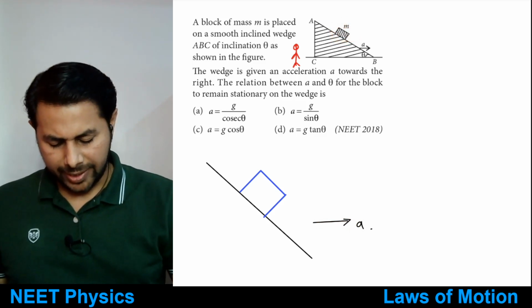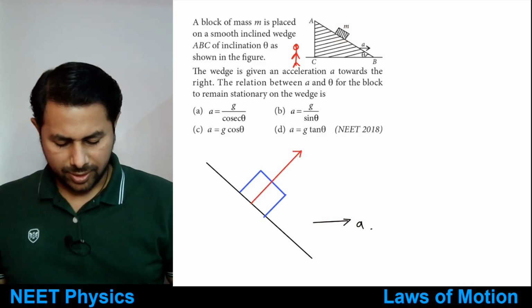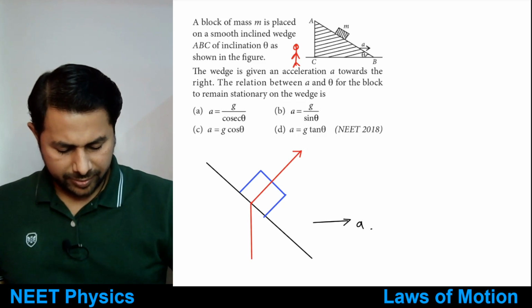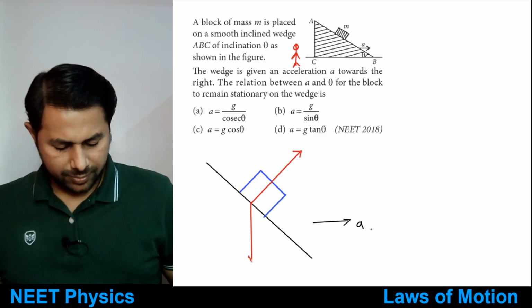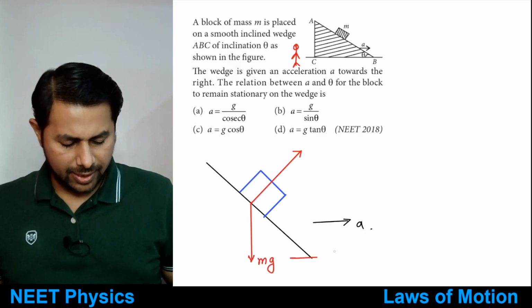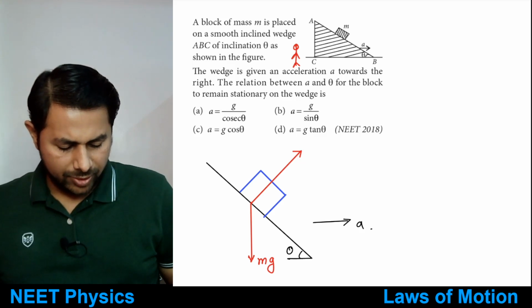So there is one normal reaction acting like this, and there is weight which is acting like this. The mass is m, this is g, and this angle is theta. So then what will this observer do?